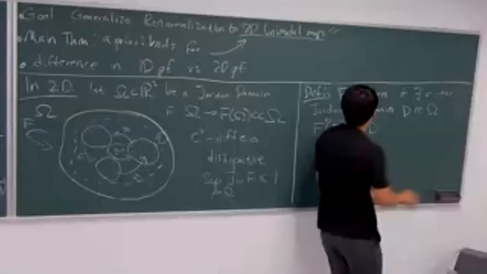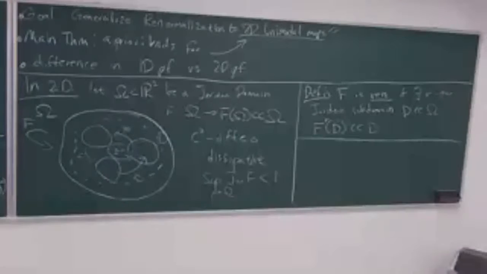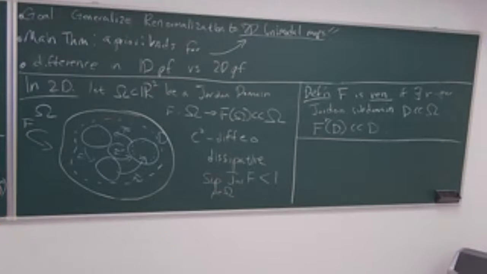And okay, is it quadratic-like? So far we haven't talked about the critical points, so right now we can't really specify what it means for such a map.